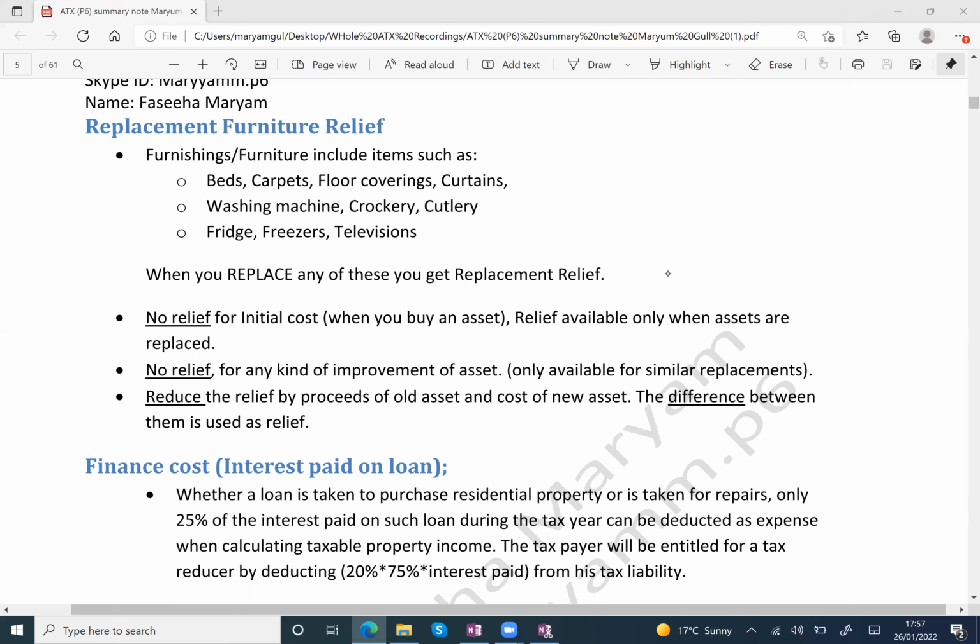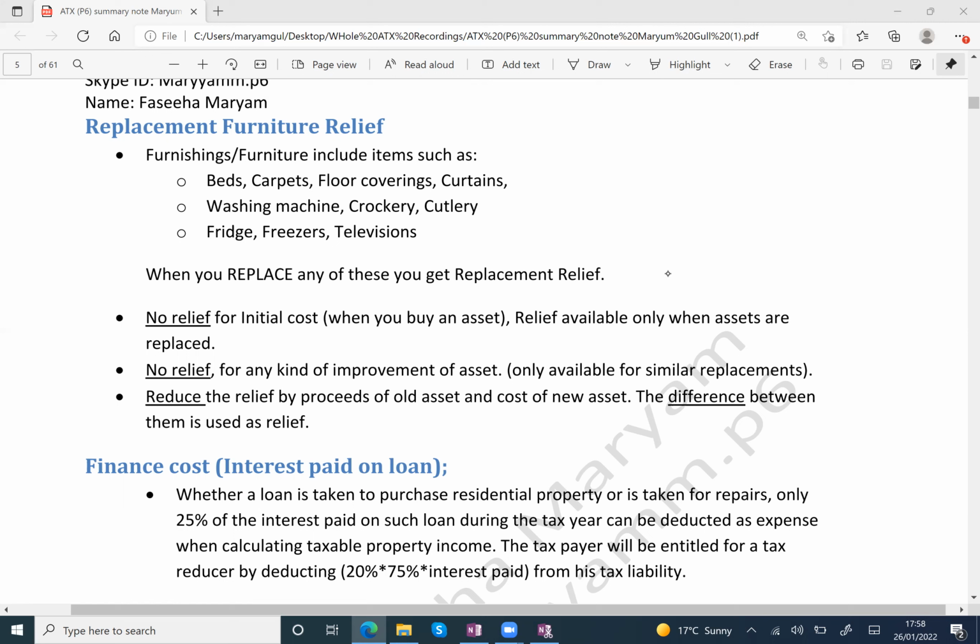Second point, no relief for initial cost. Relief is available only when assets are replaced. Initial cost means the first time when you purchase the bed, curtain, washing machine, crockery, freezer, fridge, television.